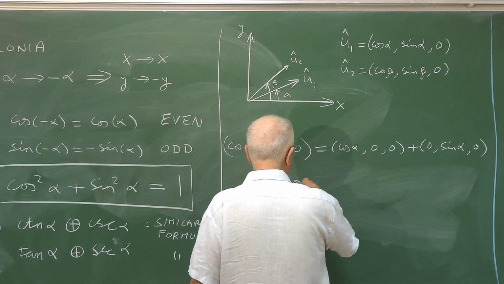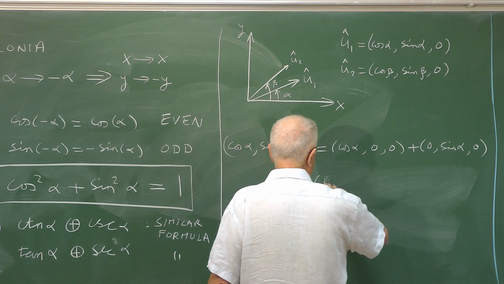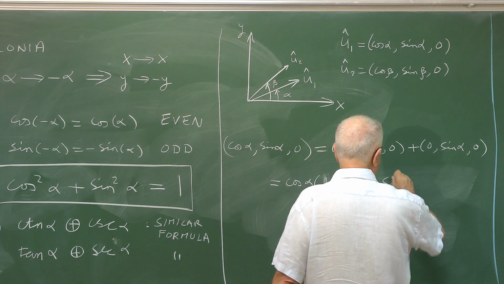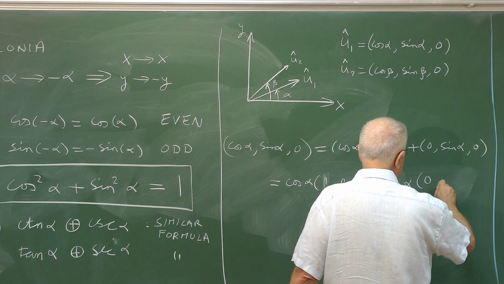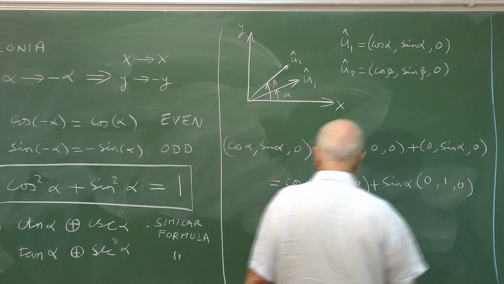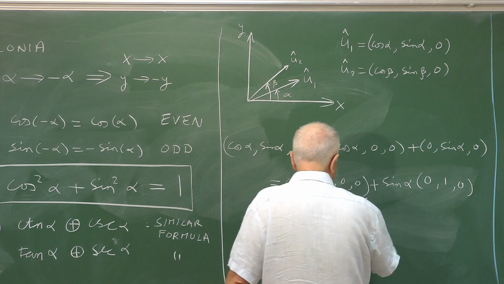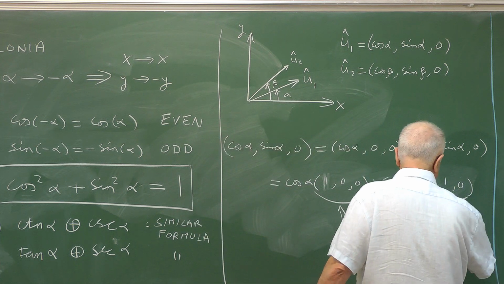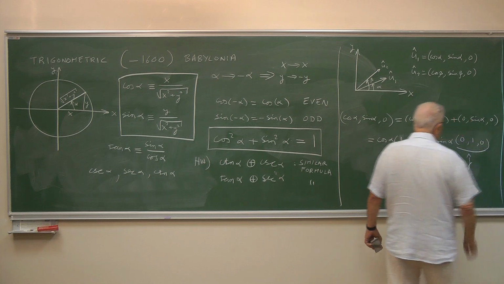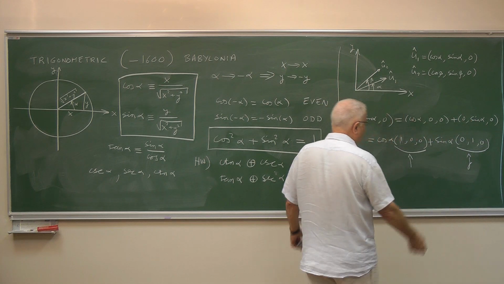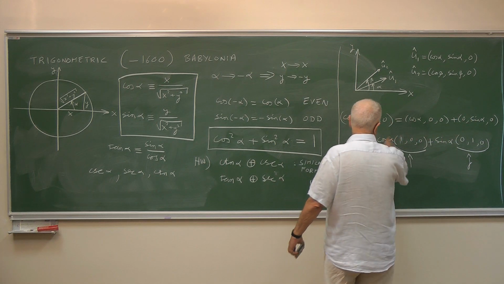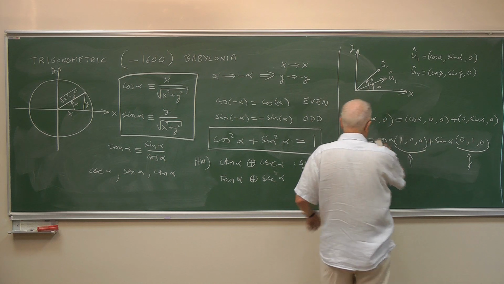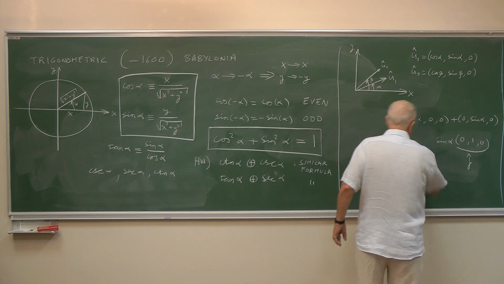And this thing equals cosine alpha times 1, 0, 0 plus sine alpha times 0, 1, 0. Now, ordinarily, this is what people call the x direction unit vector, and this is what people ordinarily call the y direction unit vector. So it is cosine alpha in the i direction, sine alpha in the j direction, but this is, I think, even better.